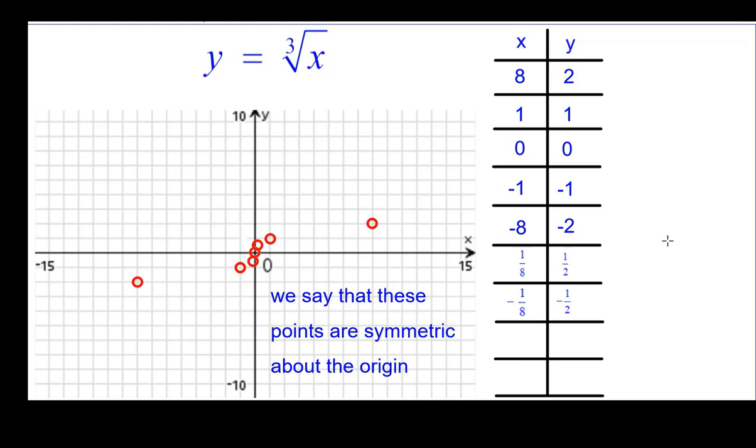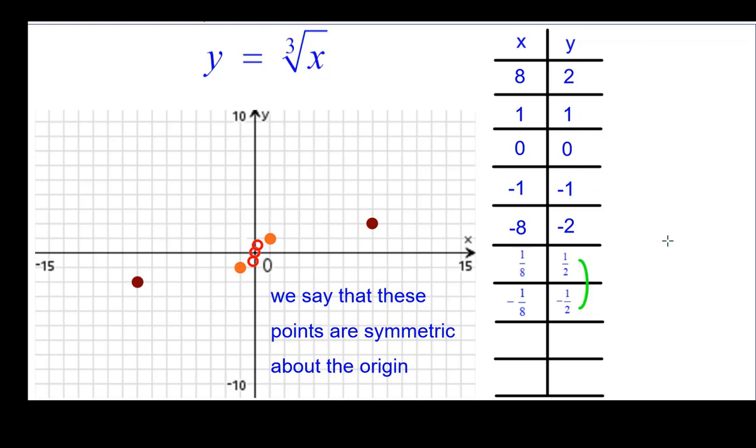We do say that these points are symmetric about the origin. We talked about that in the x cubed graph. To illustrate that, we'll look at the table, and then we will look at the points. And then the table here, and those corresponding points in orange.